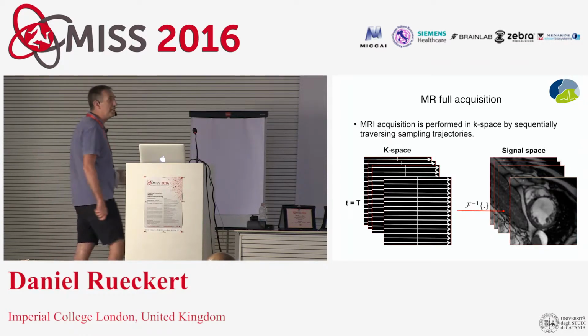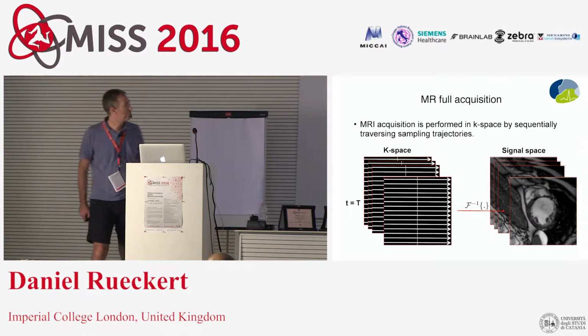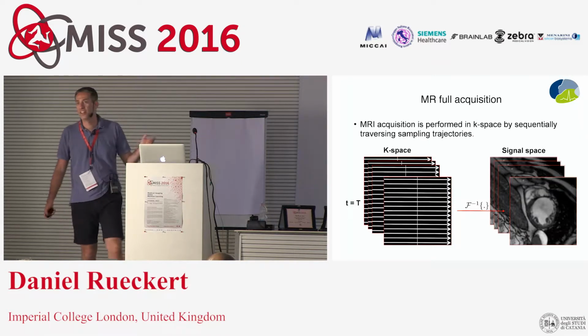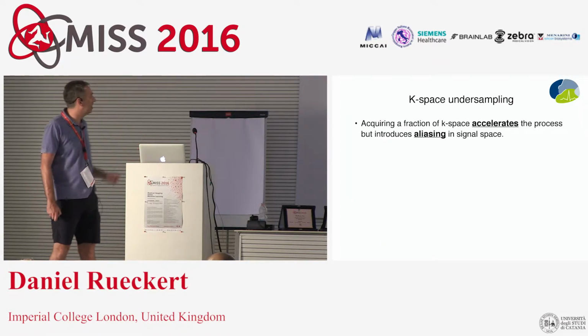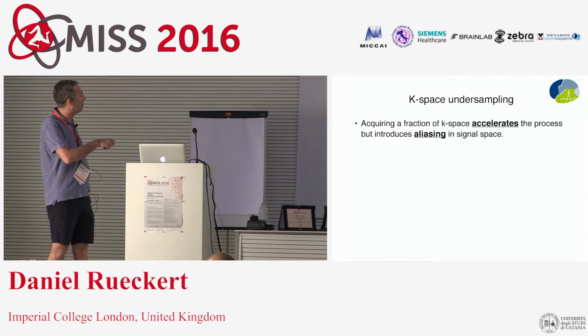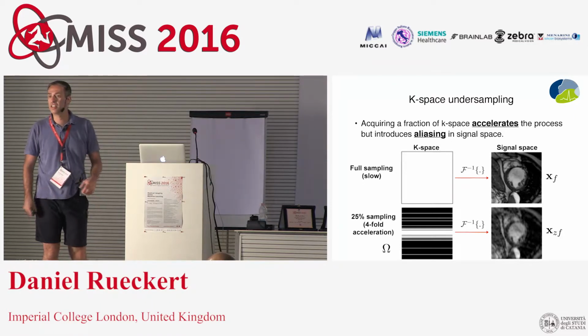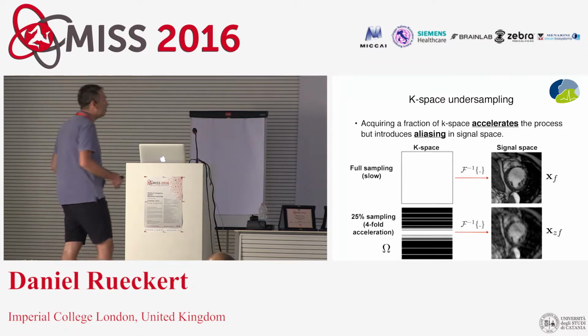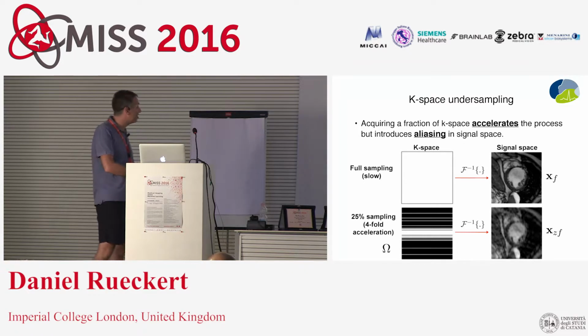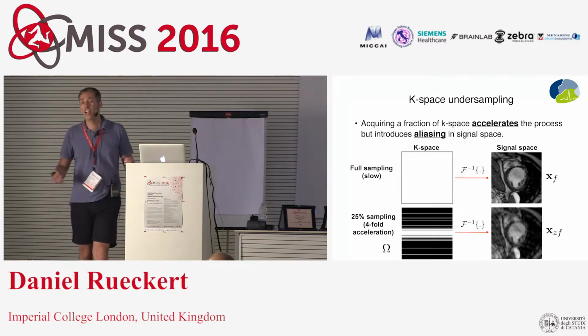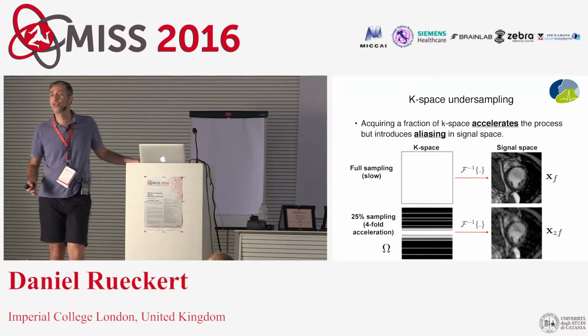So how can I speed up the acquisition of my data? Well, there's a very simple trick. Okay? I'm just going to undersample my data. So instead of acquiring the full K-space here and reconstructing the image, I'm just randomly sampling K-space, and if I only sample 25% of the K-space, I'm going to end up with an image acquisition which is suddenly 4 times faster.